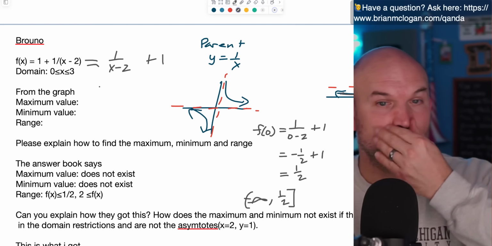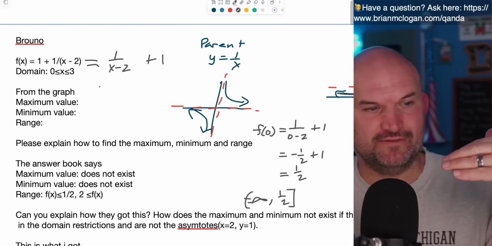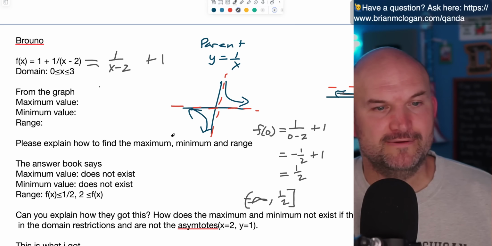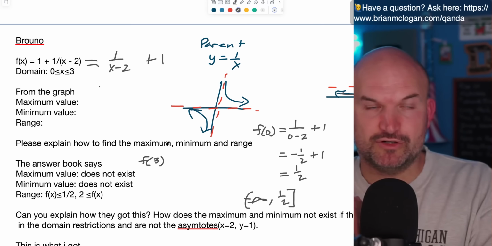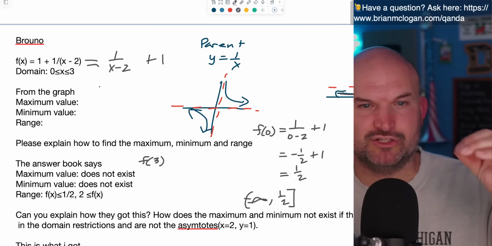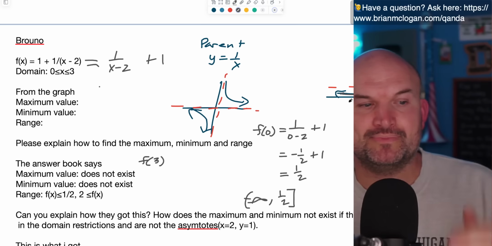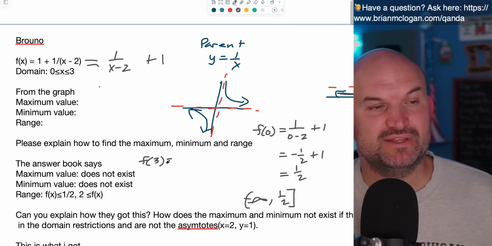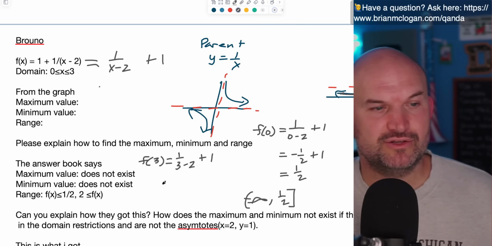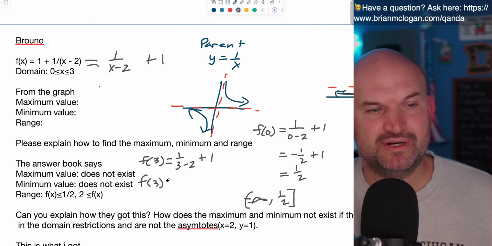And then, from 3, let's figure out what f of 3 is, because that's the other part of your domain. We know that 3 is the lowest part of my range on that branch. So if I do 1 over 3 minus 2 plus 1, 3 minus 2 is 1, so f of 3 equals 2.